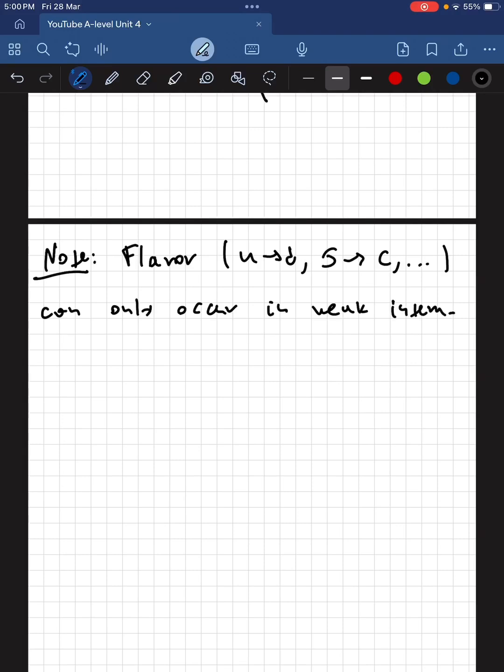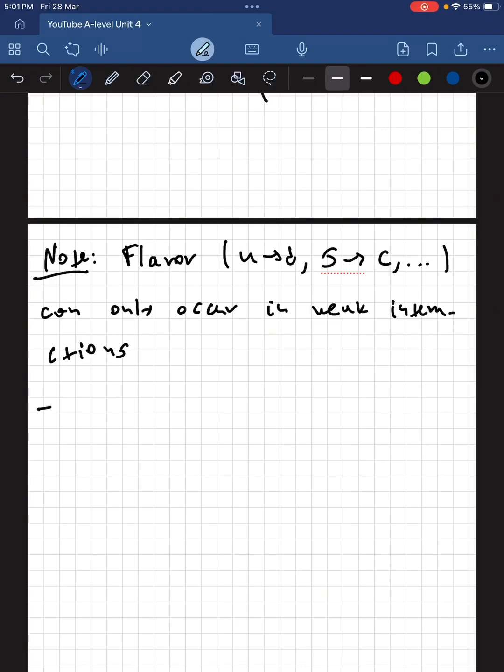So this is a very important job that weak interactions do in the universe. Without them, we wouldn't have different particles pretty much, okay? So that's the function of weak interactions.